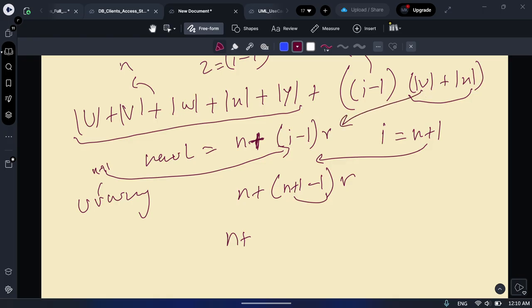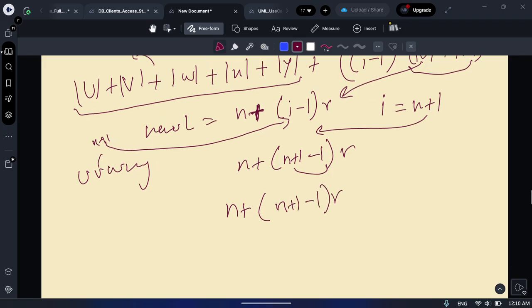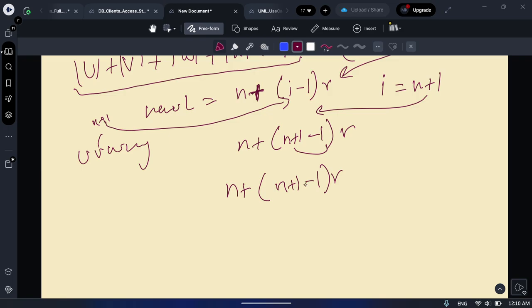And the moment we plug n plus 1 back in for i, we say n plus 1 minus 1, and we say r. We can say that this basically crosses out. You can cut this thing, because plus minus is 0, and we're left with n plus n multiplied by r.